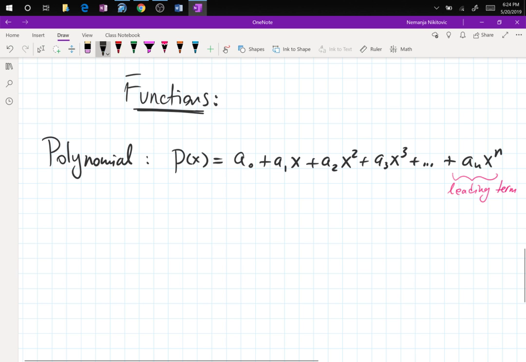Next big group is going to be the group of exponential functions.